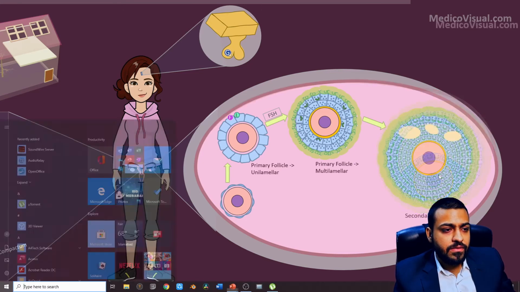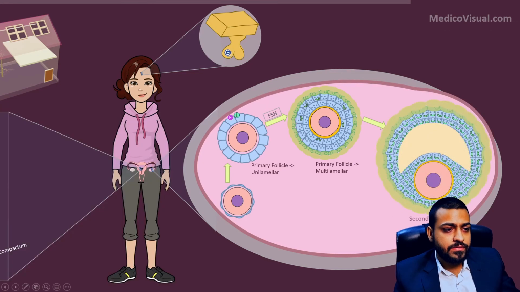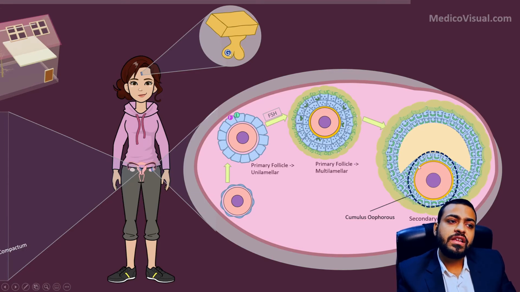Then these follicular cells, rather I should say granulosa cells, now they are granulosa cells. These granulosa cells surrounding this primary oocyte look like a cloud of cells, a cloudy substance surrounding the oocyte.